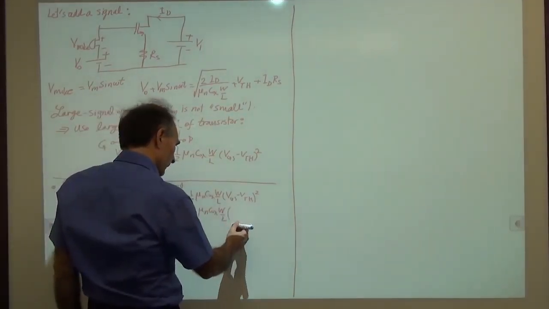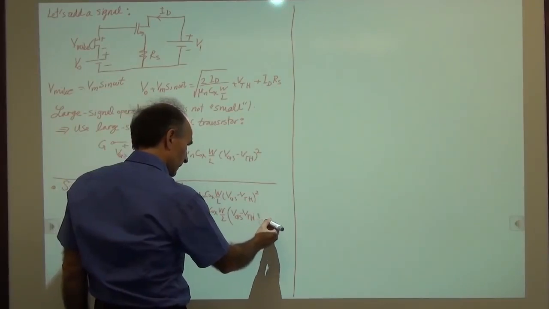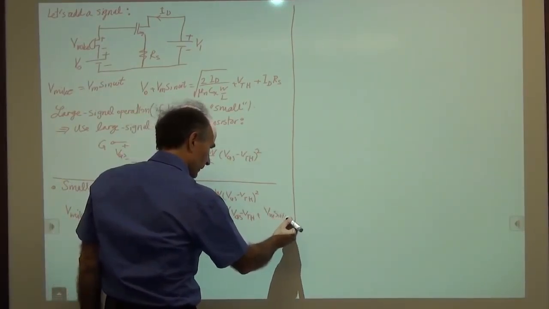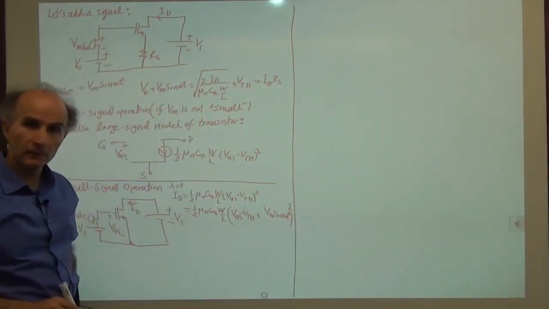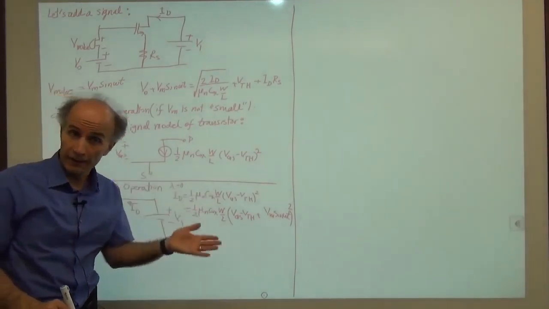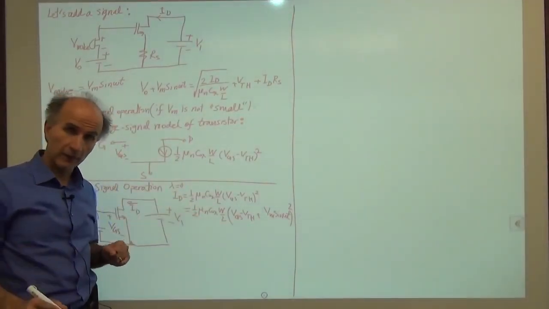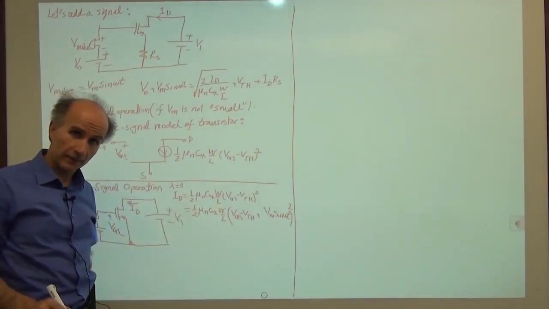So I will write this as (VGS minus VTH plus Vm sine of omega t) squared. Now, if Vm is not small, this is it. That's how we calculate ID. No question about it. But if Vm is small, maybe we can make some simplifications.